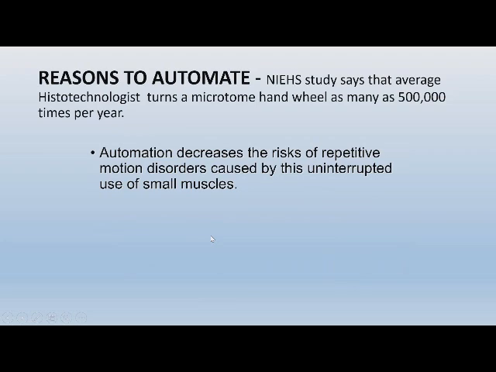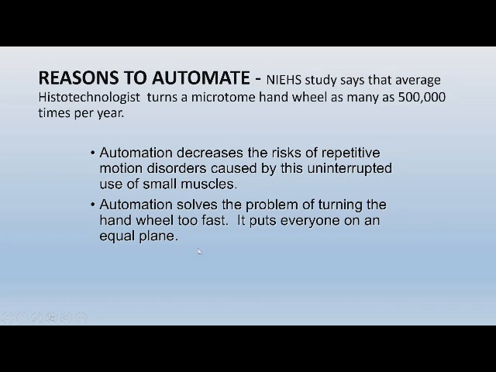Automation decreases the risk of repetitive motion disorders caused by this uninterrupted use of small muscles. I can think of 10 of my closest histotech friends right now, and every single one of us has some sort of skeletal muscular disorder that we're dealing with. And it's probably not caused from gaming, but probably caused from being in a histology lab.